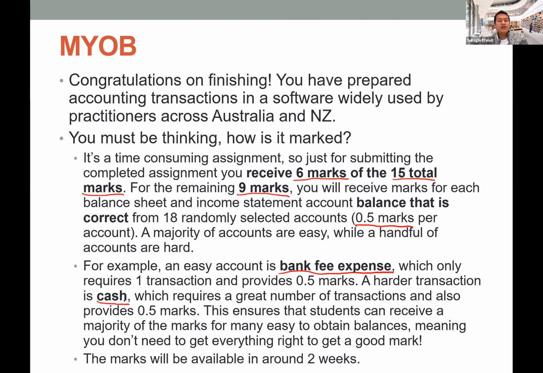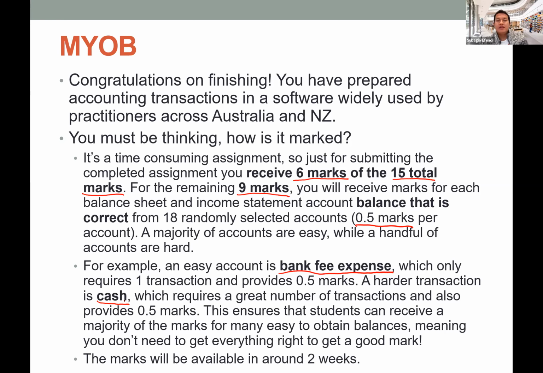I think it's a very good experience that you used MYOB. MYOB is very popular accounting software for small businesses in Australia, New Zealand, and other countries as well. So it's very good to have hands-on experience with the software.